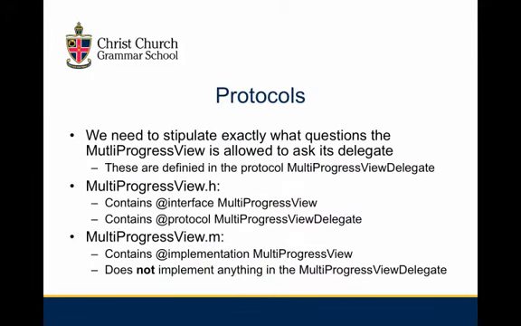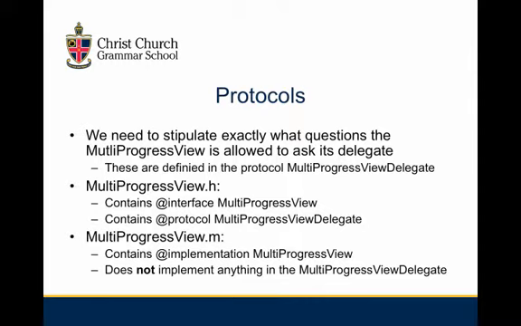However, if we're going to have this delegate, we need to have some way in our language of defining what it is that are reasonable expectations. In our example, our multi-progress view, we define a protocol. The protocol will be called MultiProgress View Delegate.